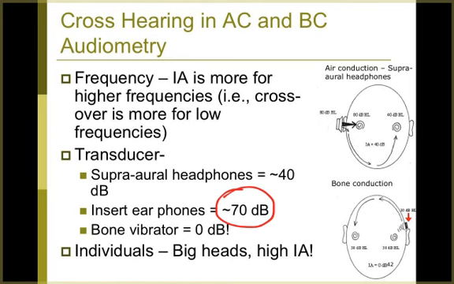So in this case, if you were to use insert earphones and present the same 80 dB sound, about 70 dB is going to be lost when it travels from one side to another, and only 10 dB is going to reach here. And that's another reason why insert earphones are desirable for testing. Not only are they hygienic, they have a high interaural attenuation, and so it's more likely you'll get ear-specific results.